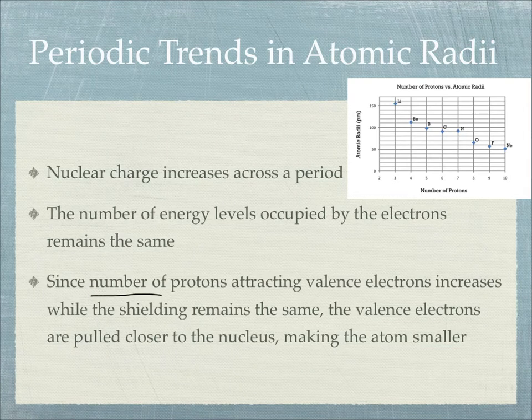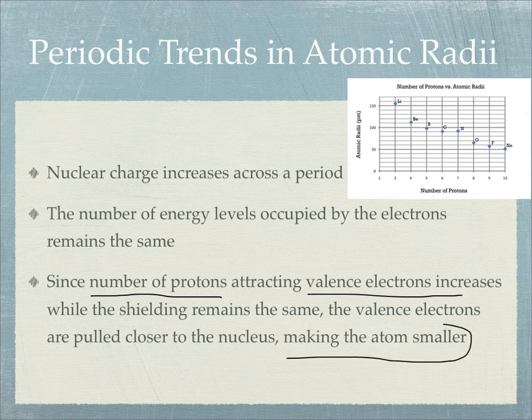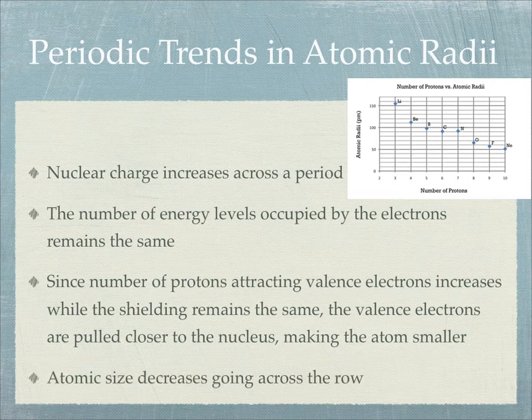And since you've got more protons now, they're pulling harder, making the atoms smaller. So it's a little bit non-intuitive sometimes on this one, but as you go across the periodic table, as you go from left to right, they get smaller. So atomic size decreases going across.